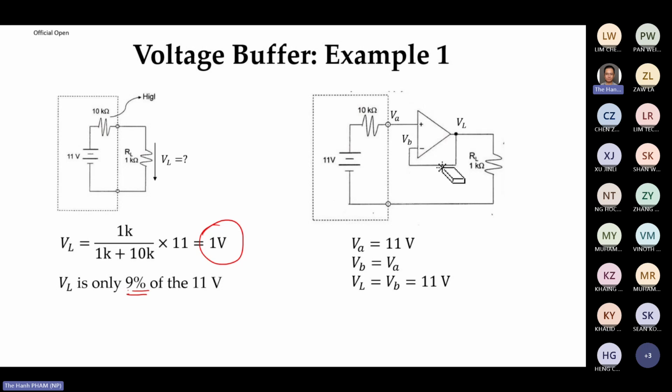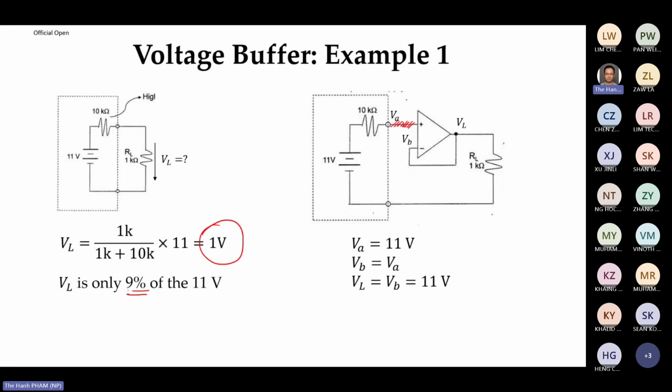How to cure the problem? You have a buffer in between. Yeah, buffer in between. So when you have a buffer in between, there's no current entering the buffer because the input impedance of the op-amp is super high. And because of that, the VA here should be the same as 11 volt, because there's no current, so there's no voltage drop over the 10 kilo ohm.